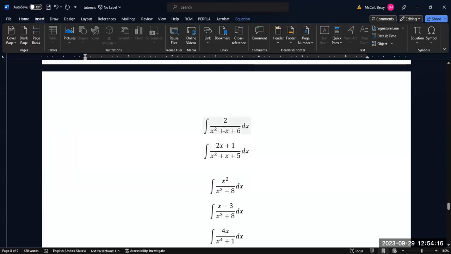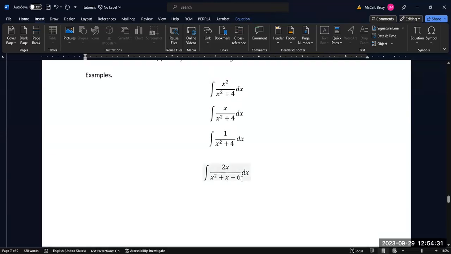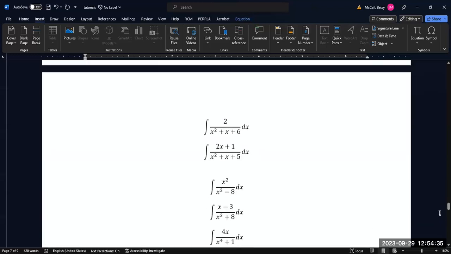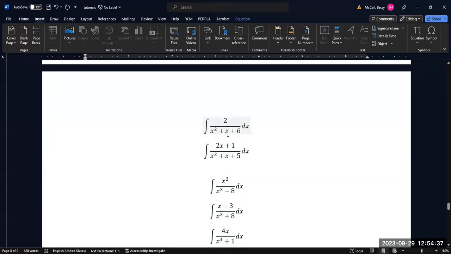Similarly, this one looks very similar to the previous example, except this one does not factor. So what are factors of 6 which add to 1, as compared to factors of 6 that have a difference of 1? This one will factor. This one will not. So in this particular scenario, you should be thinking about completing the square.